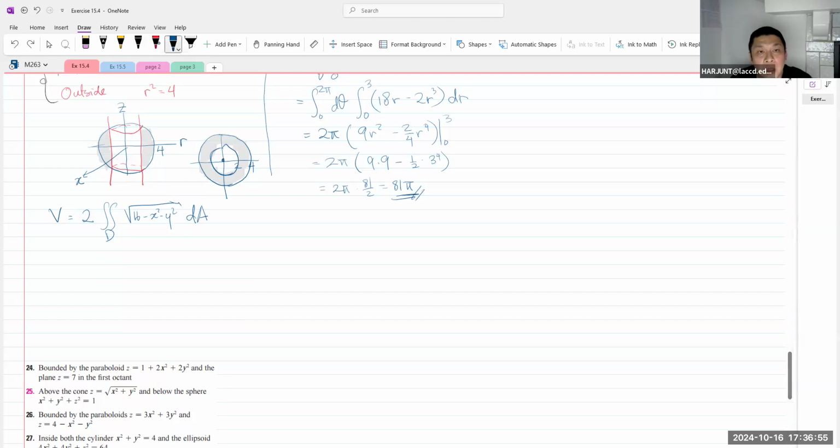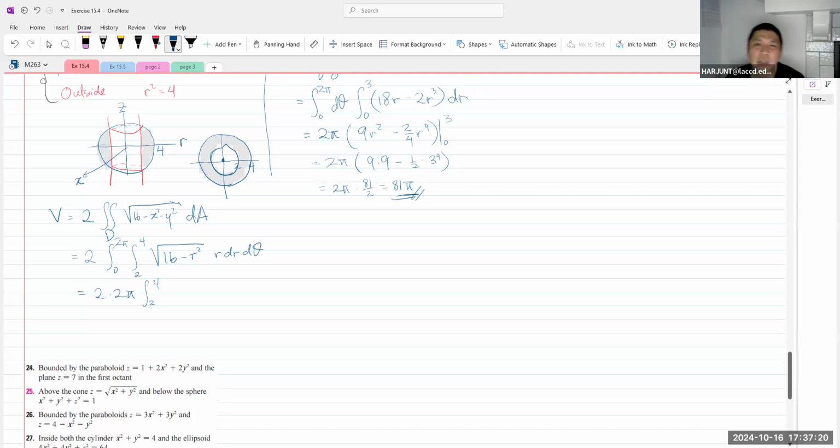Now then I will make it into polar. That's 2 times the integral from 0 to 2 pi, and then the integral from 2 to 4 for the radius, square root of 16 minus r squared r dr d theta. Again, because it's independent of theta inside the integrand, that will be 2 times 2 pi integral from 2 to 4.